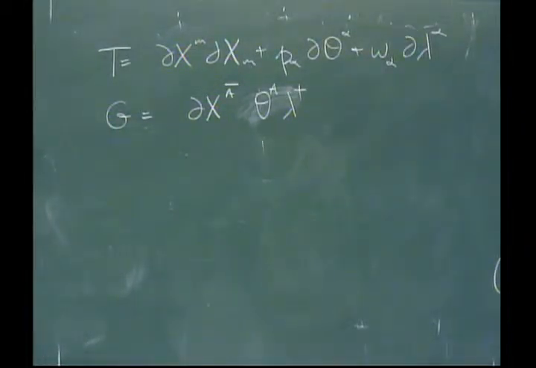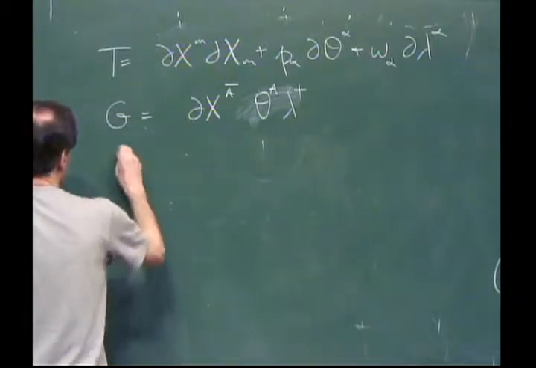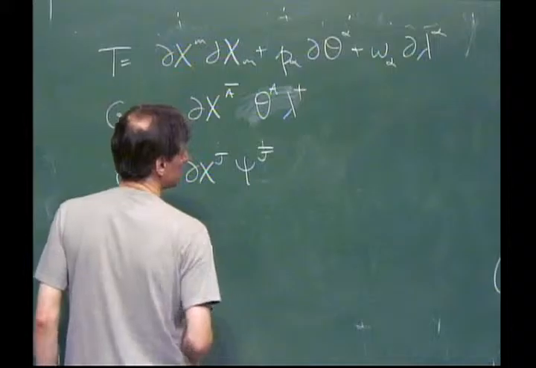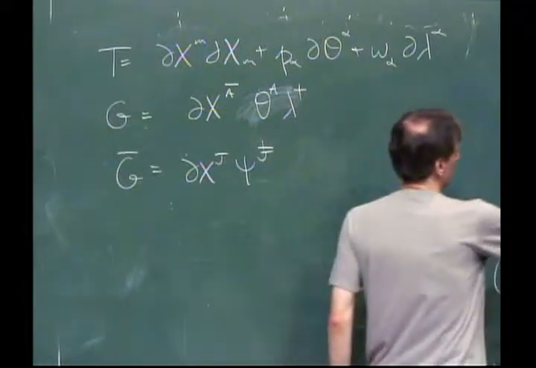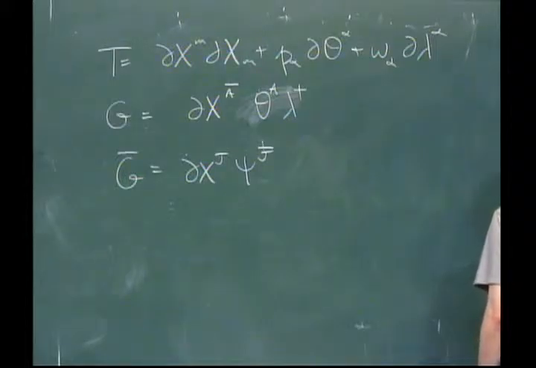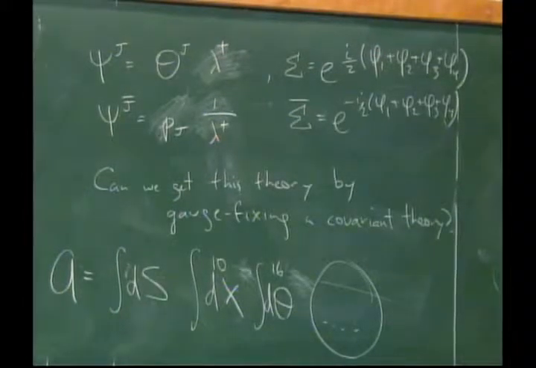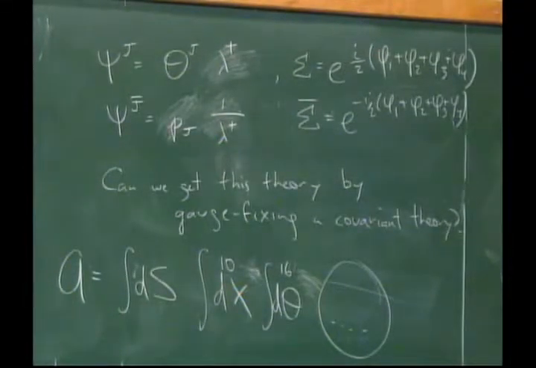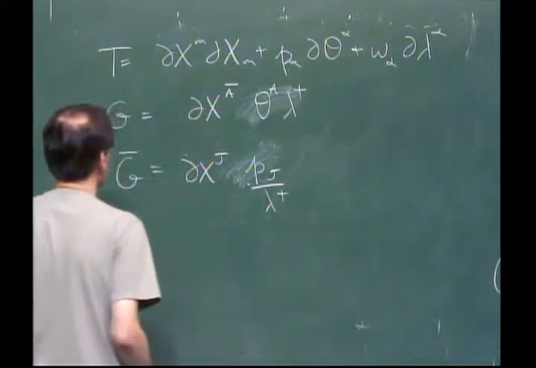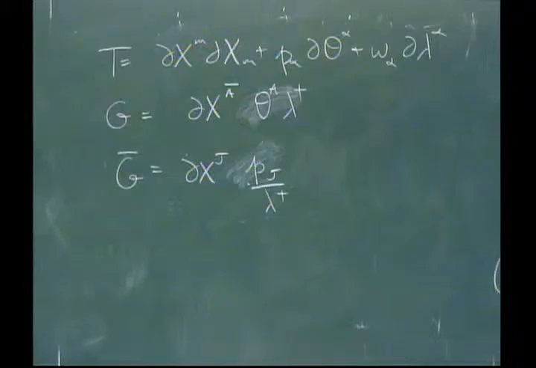Now, g bar will be similar. So before it was dxj psi j bar. In this case, remember, theta j bar is going to be replaced by p j. So this becomes dxj pj over lambda plus. So that's how the n equals 2 generators act on the x's.